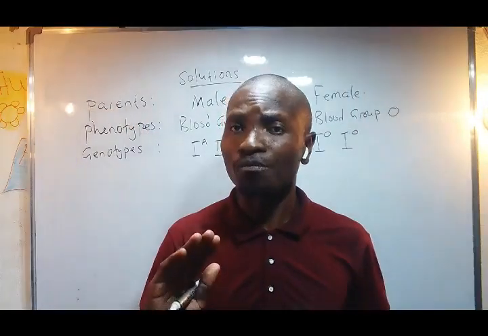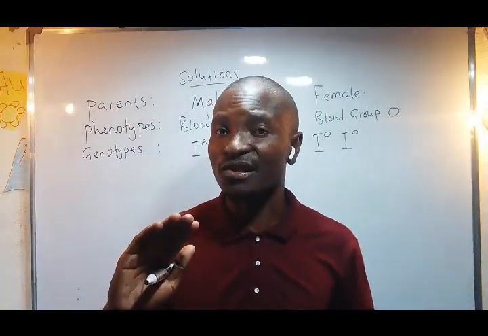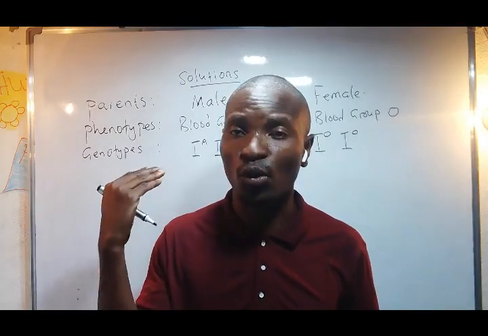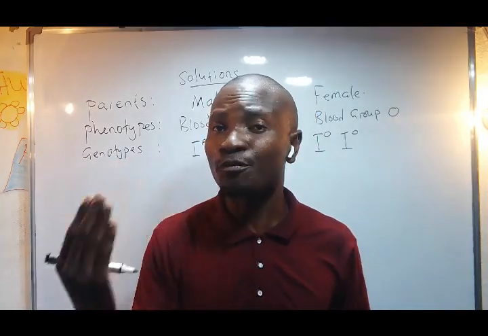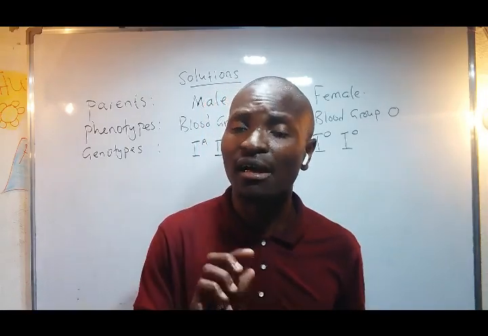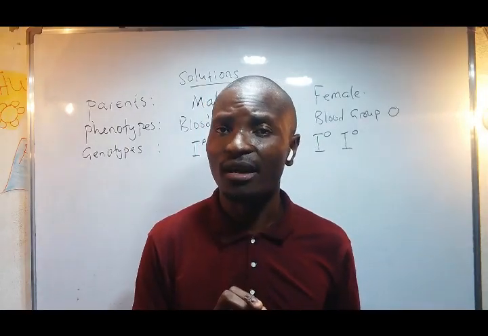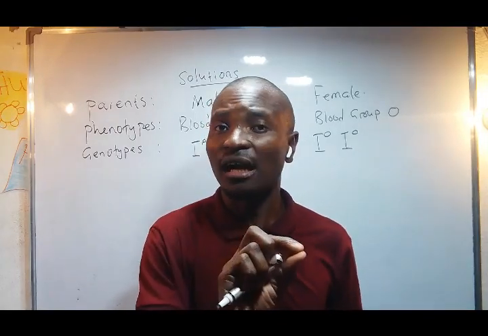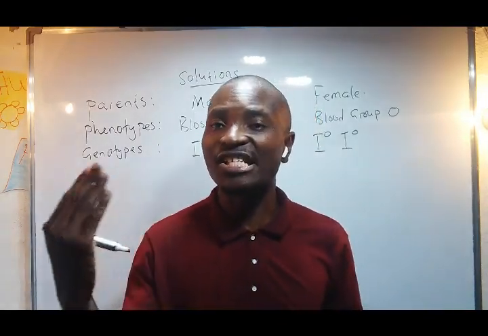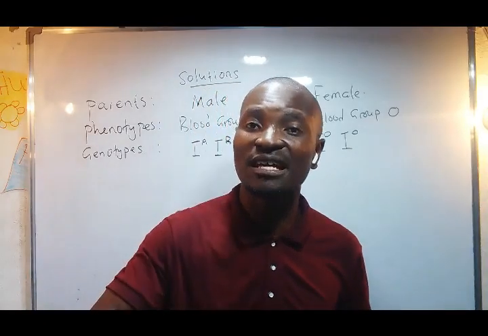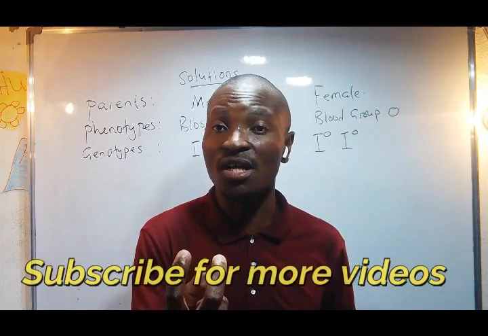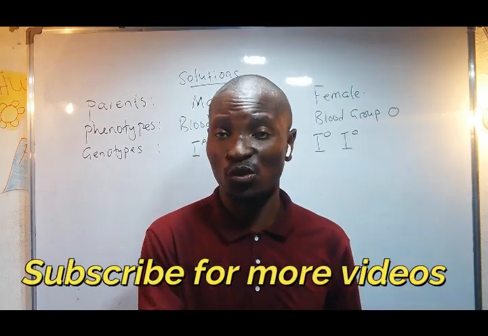So the next important thing that you have to understand is, as you are writing those terms or words, we have to be able to identify or define them. So what is a genotype? A genotype is the specific genetic makeup of an organism or an individual.